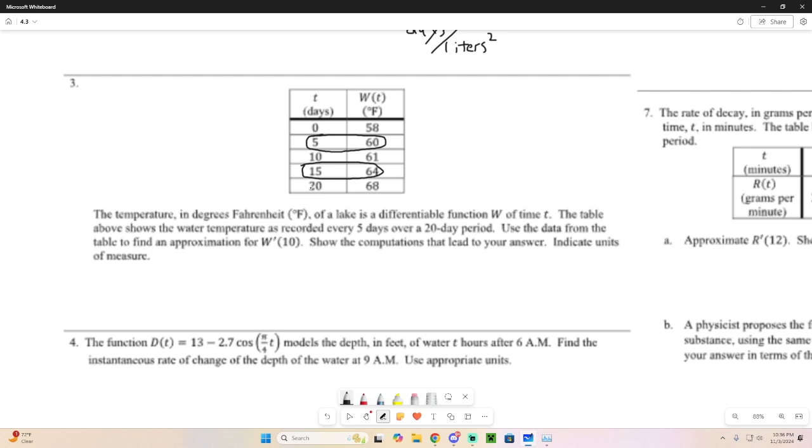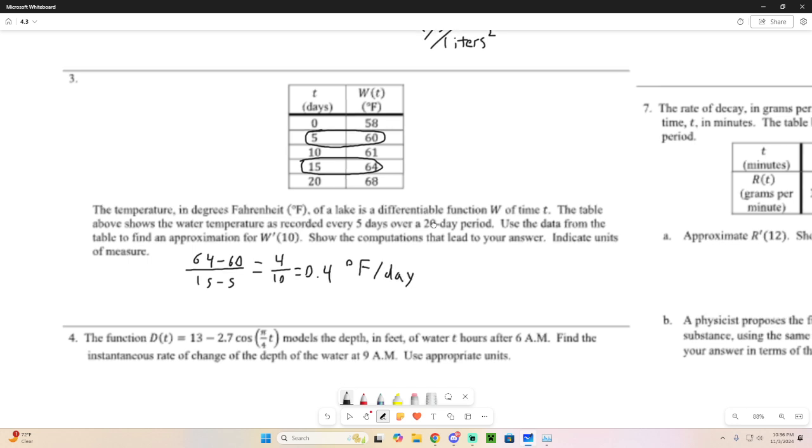So y2 minus y1 over x2 minus x1, so we have 64 minus 60 over 15 minus 5. 64 minus 60 is 4, 15 minus 5 is 10, which is 0.4 in decimal. And our units: our dependent variable is degrees Fahrenheit, our independent variable is days, so it's degrees Fahrenheit per day. So there we go. That's our answer.